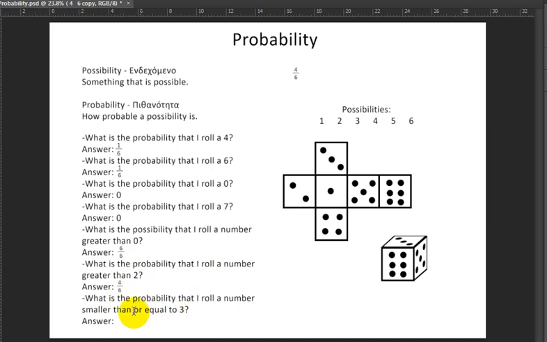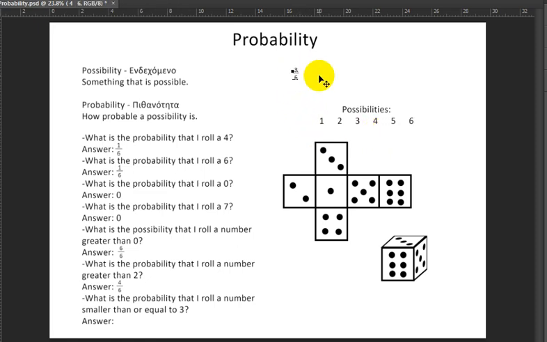The next question is asking, what is the probability that I roll a number smaller than or equal to 3? So a number that is less than 3 or equal to it. So 3 counts, and all the numbers that are less than 3 count. That means that 3 out of the 6 possibilities are the desired outcome.